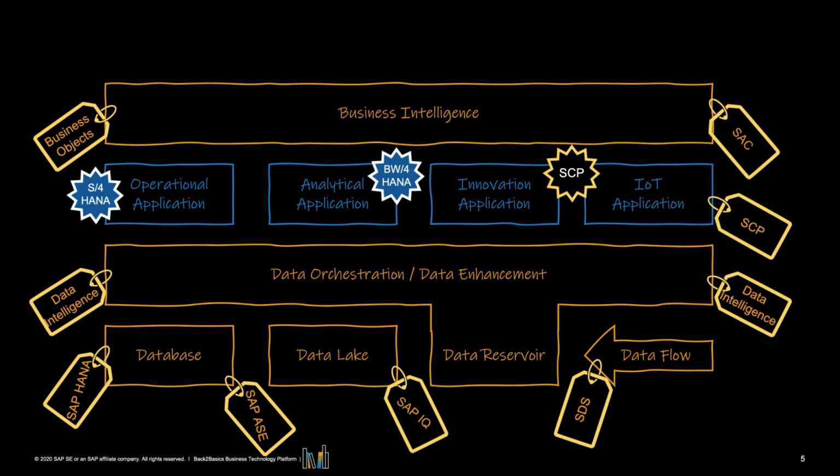On the top, in the business intelligence, we have BusinessObjects and SAP Analytics Cloud, which were not explained in this series, but will be explained in a future series. We find as well the SAP Cloud Platform to develop applications, typically mainly for IoT and for innovation, so for extension of the standard applications that are S/4HANA on the operational side and BW/4HANA on the analytical side.